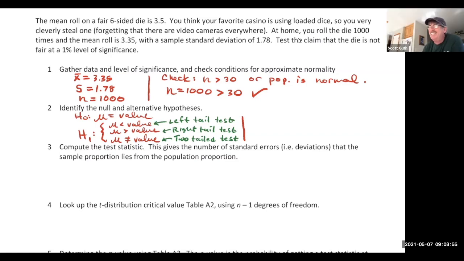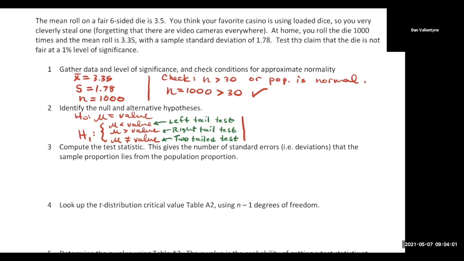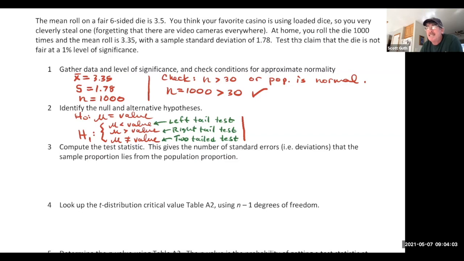Wait a minute. I don't know what you mean. Why would we assume they have biased dice? It's a casino, and we think the dice aren't fair. Well, it's illegal. I guess what I'm trying to get at is, if we had a reason to assume that the dice were one way or the other, then the appropriate test would be a left tail or right tail test.